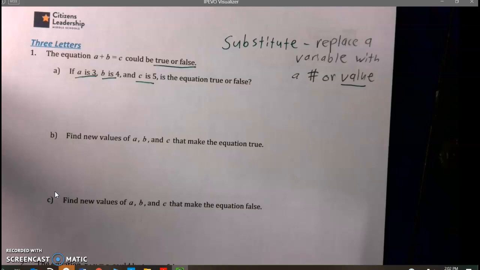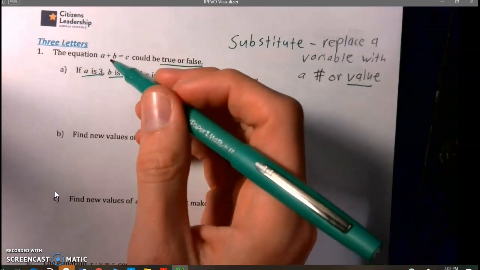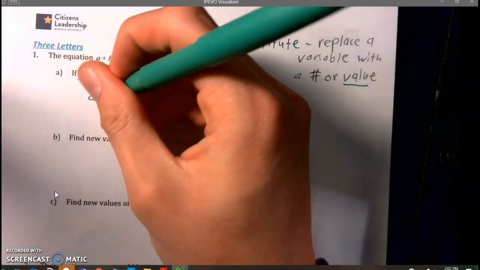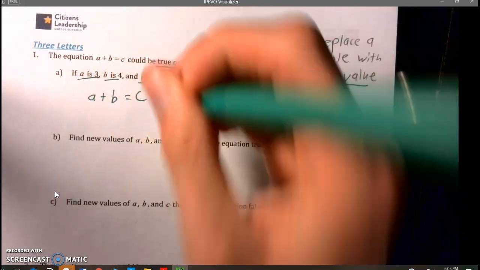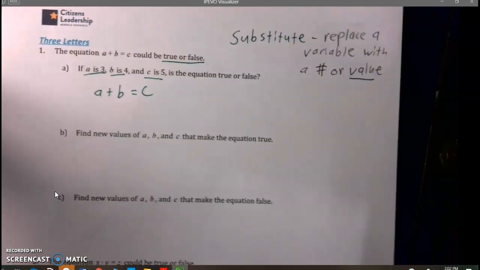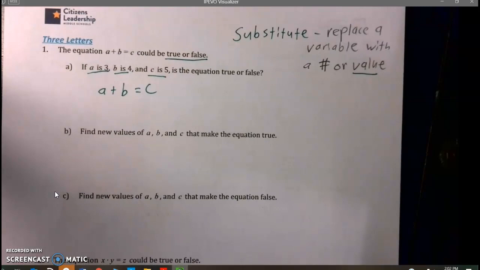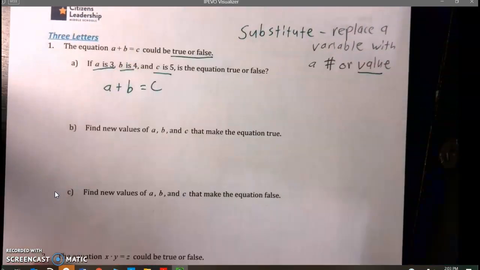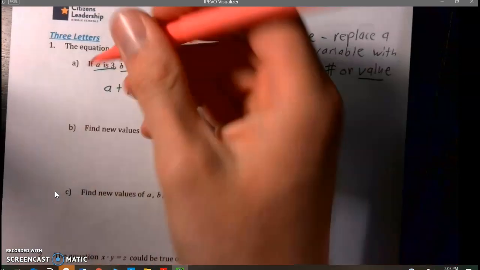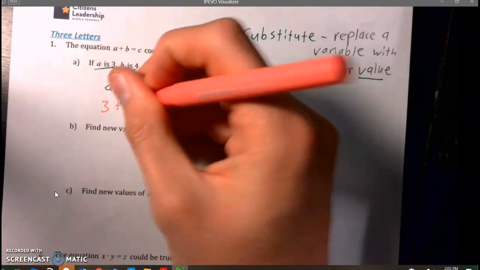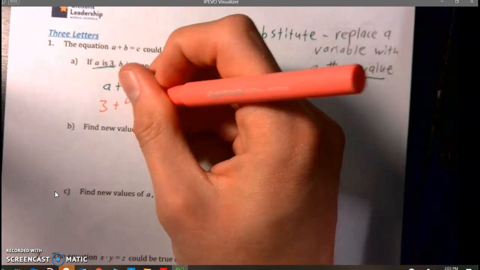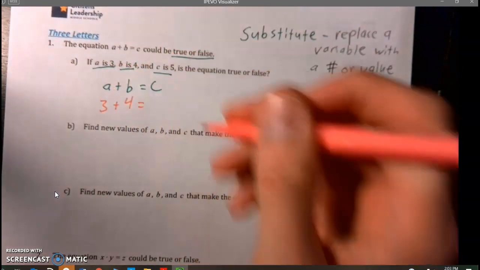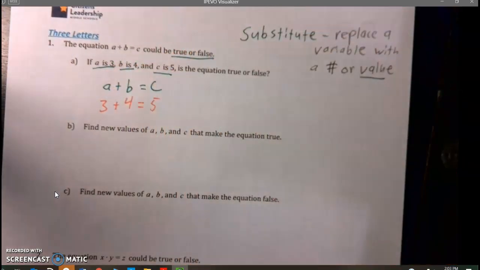Now, instead of writing A plus B equals C, we're going to substitute those values in. So the variables will be gone and the numbers will be there instead. Instead of A, we're going to have 3. Instead of B, we're going to put 4 there. And instead of C, we are going to have 5 there.